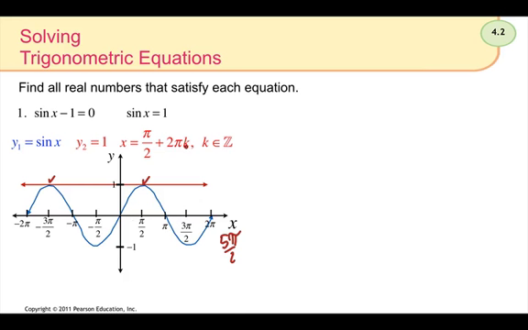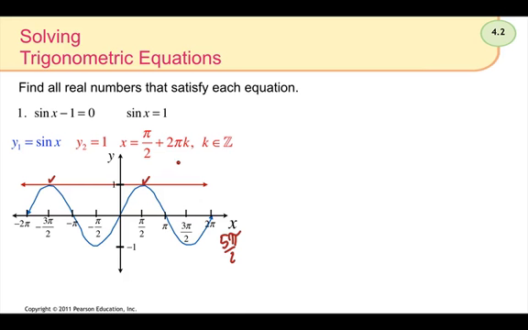And to represent all of the answers, I need to use the notation of k, in which k is an element of z. And this is how you describe the solutions to number 1, because there are an infinite amount of solutions. The graph should help you see why there's an infinite amount of solutions.